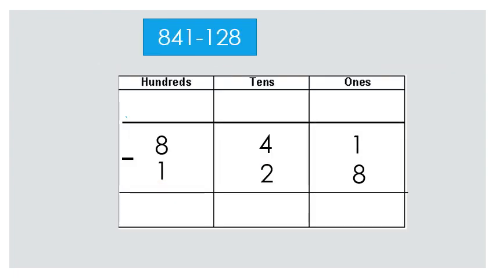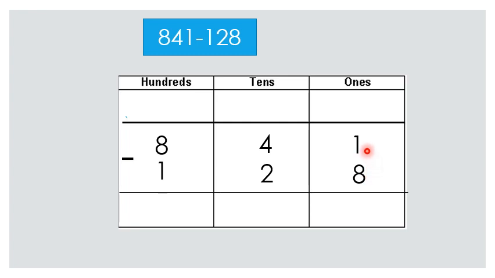Now let's take another example. 841 minus 128. Write all these numbers according to their place value and in proper column. Now subtract the ones. 1 minus 8. Here 1 is less than 8, so we cannot subtract 8 from 1.